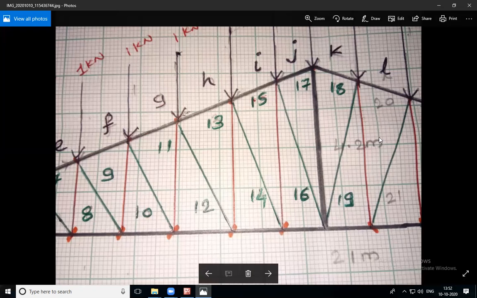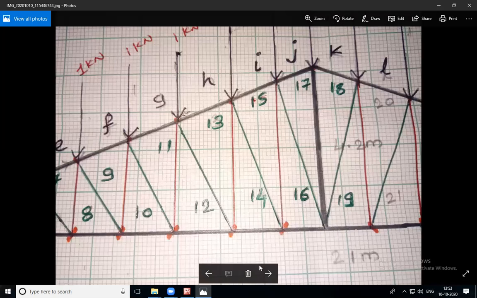After 19 a vertical member, then 20. In this way we have to give the inner notations. That means for the outer notation, in between two notations there should be one force or reaction. For the inner notation, we give the name to the particular space, or we can say that in between two notations there should be one member.